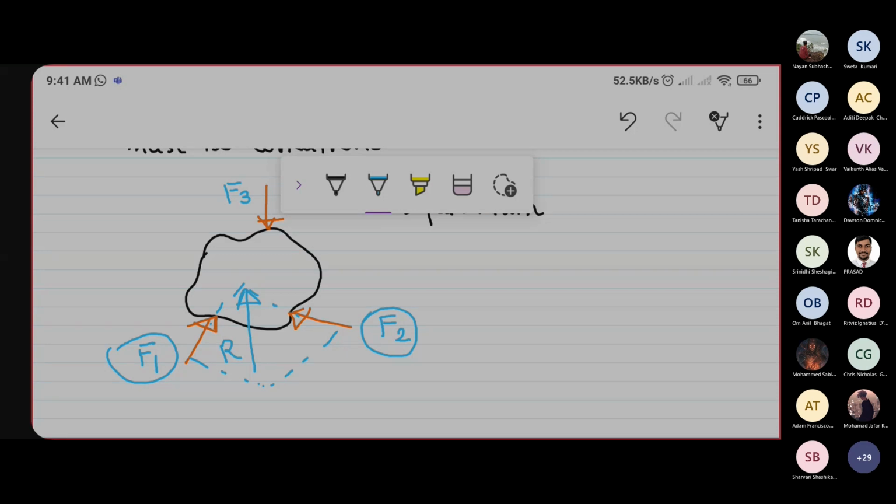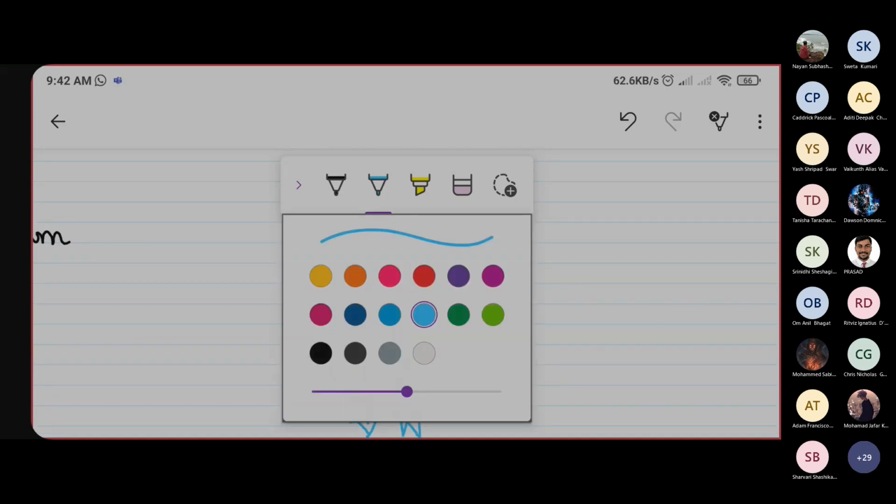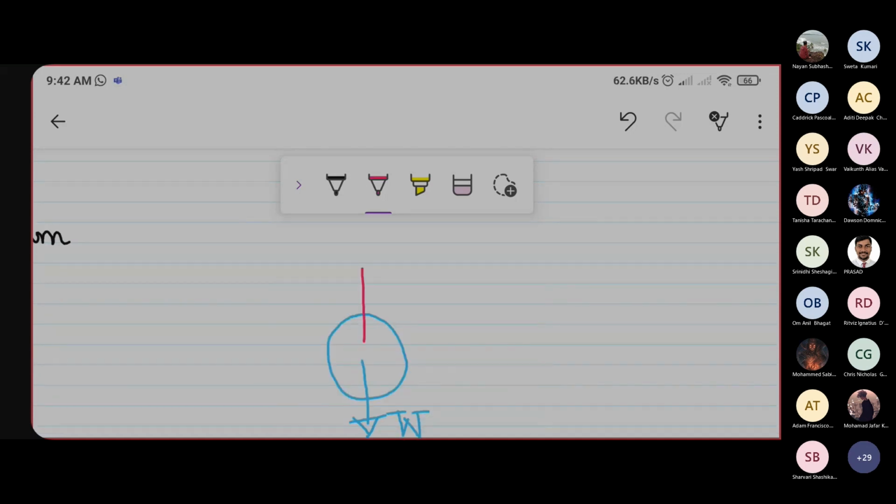Now just imagine you have one stone with a weight of W, and you attach one string that is in your hand.